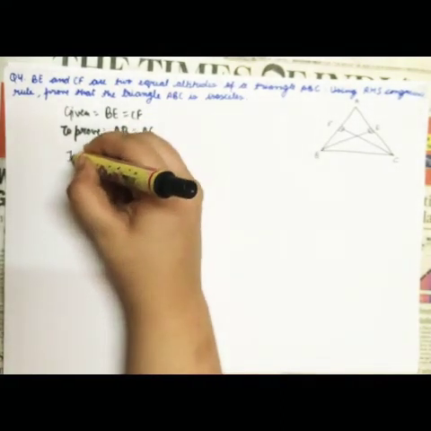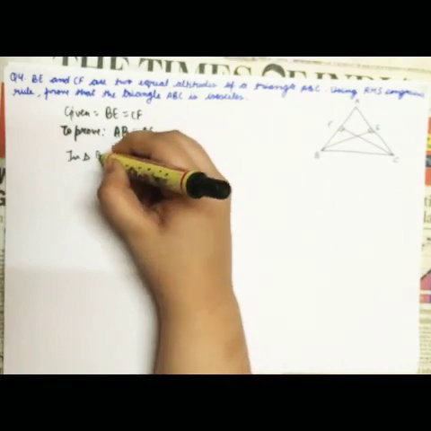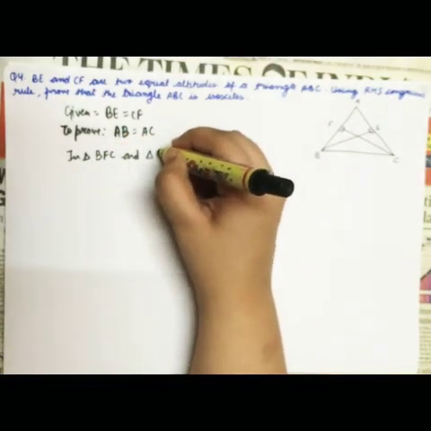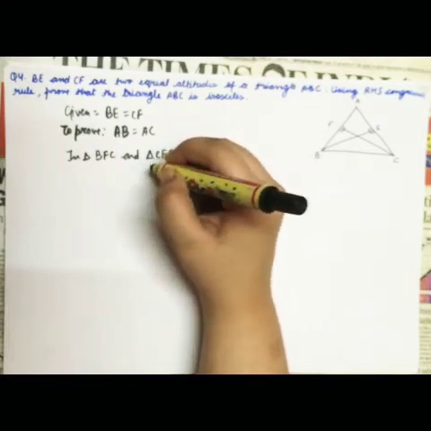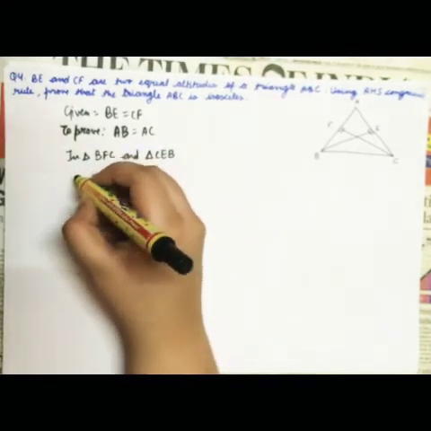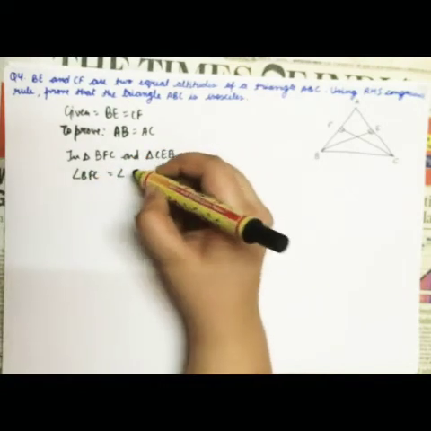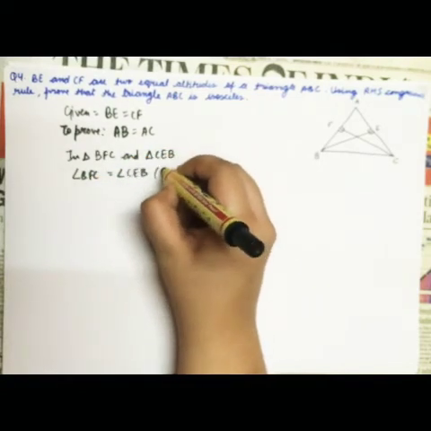So in triangle BFC and triangle CEB, we can say that angle BFC is equal to angle CEB, which is 90 degrees.